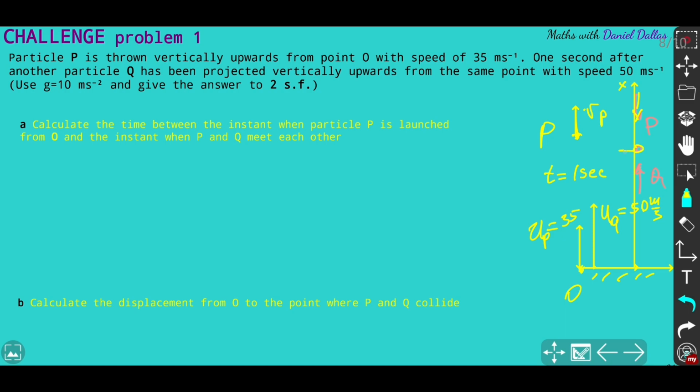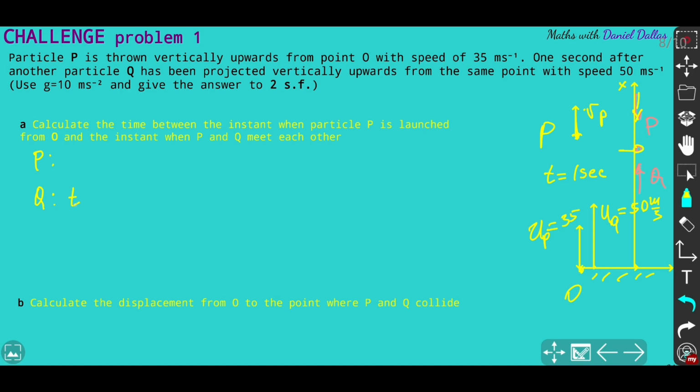Alright, so as you understand, for particle P and for particle Q, we have different time periods during which those particles are in the air from the very initial moment of the start. So we can say that for particle Q, the time from the launching instant up to the meeting instant is going to be t.